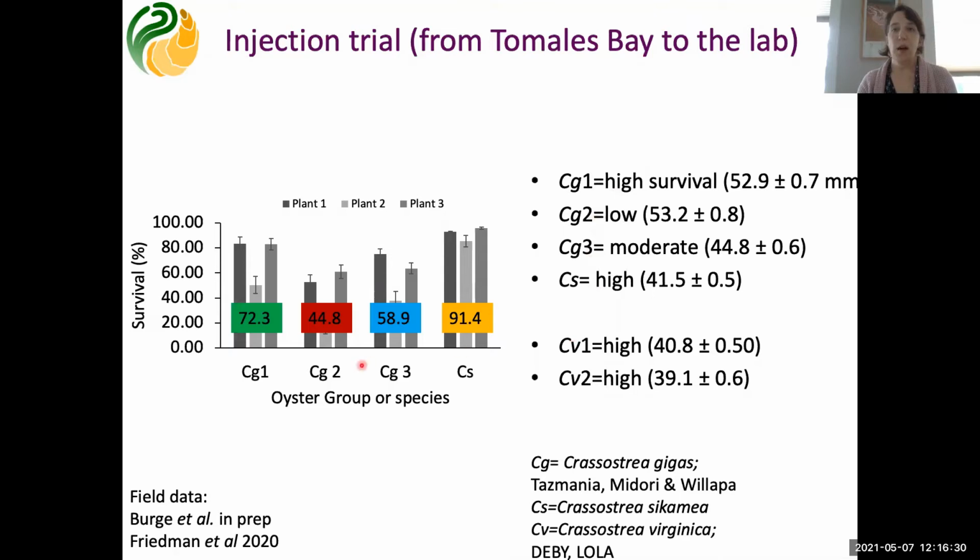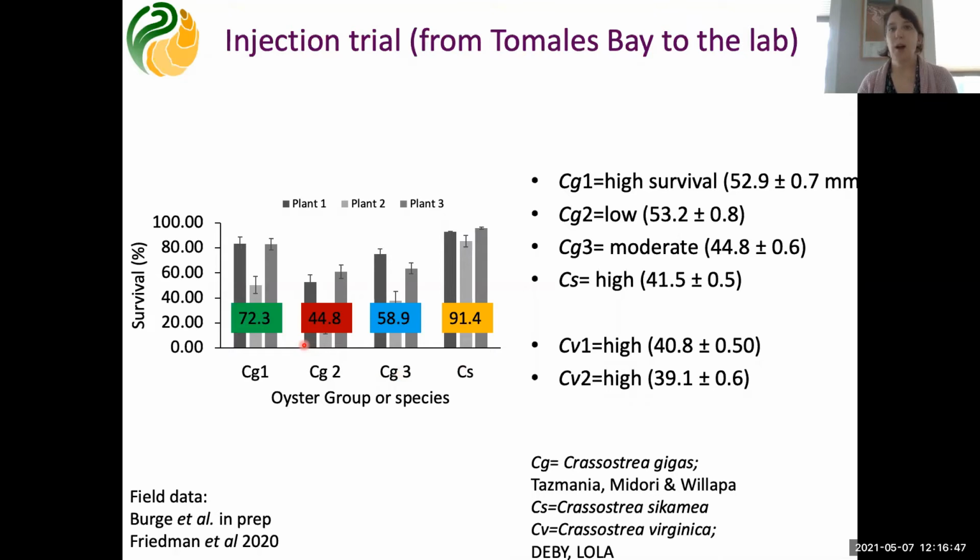So this graph depicts our survival in the field. So the CG1, 2, 3, and Crassostrea sikamea, and their mean survival. And we often use multiple outplants because we see disease pressure at different times.